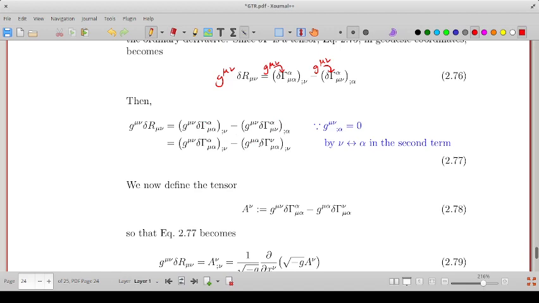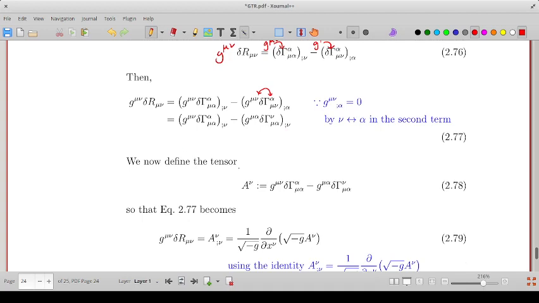So in the second term, if I interchange nu and alpha, that is these two, similarly these two, we have g instead of, so I have mu here, instead of nu I have alpha, so g mu alpha, then delta gamma, instead of alpha I have nu, and mu instead of nu I have alpha, and semicolon nu. So now we define a new tensor in the following way.